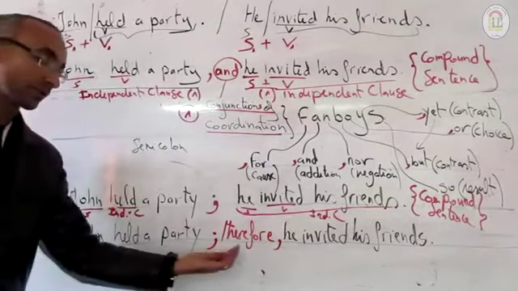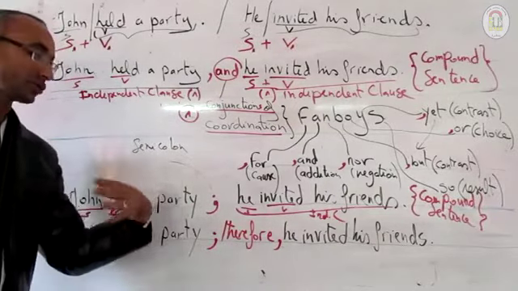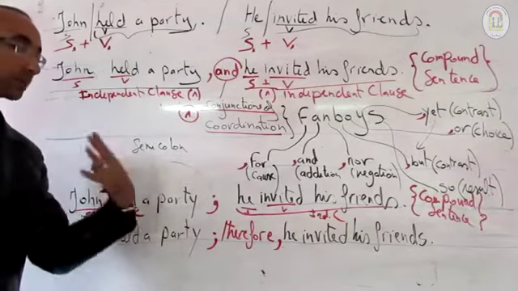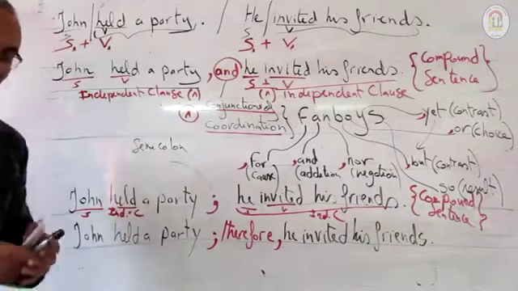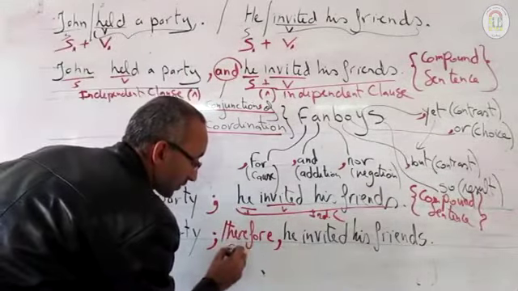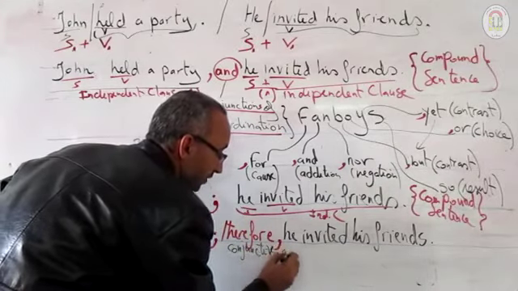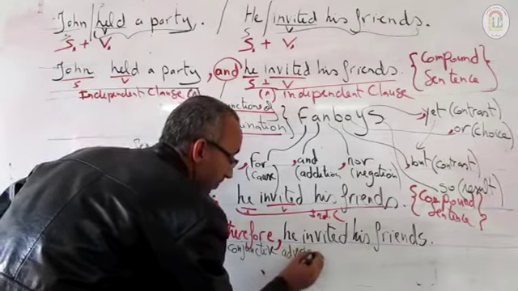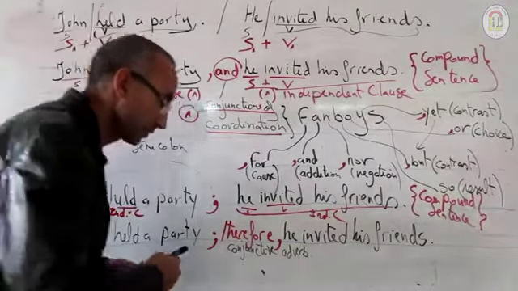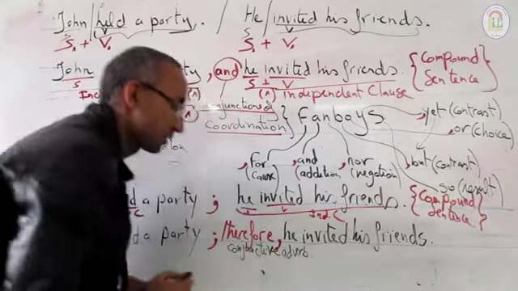Now what is therefore? Therefore is another, third joining element with which we can also form compound sentences. And it's called what? Conjunctive adverb.